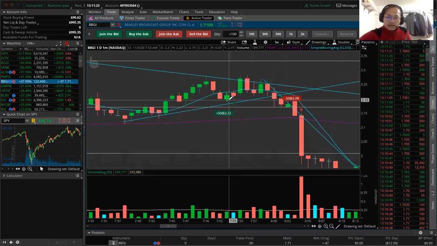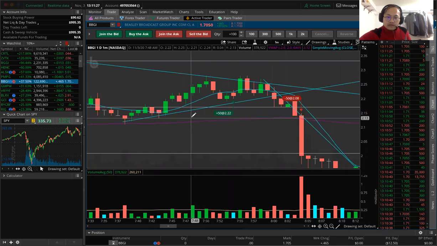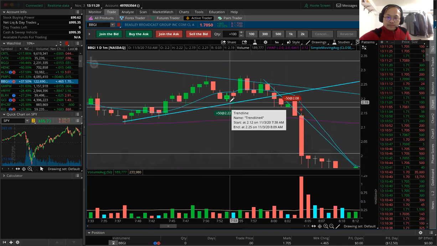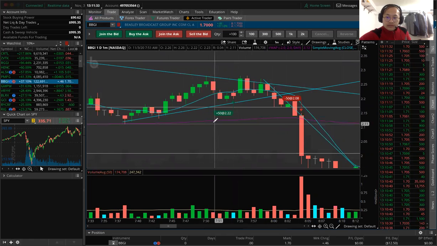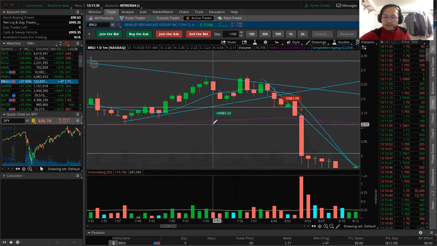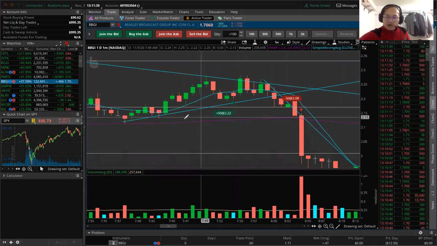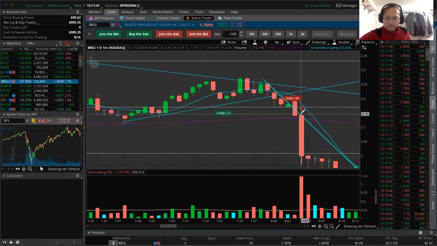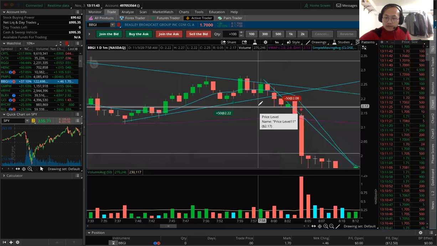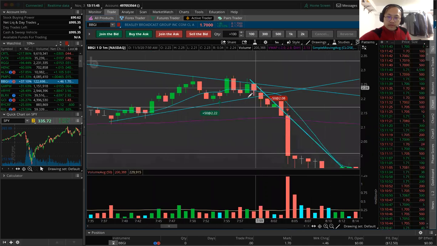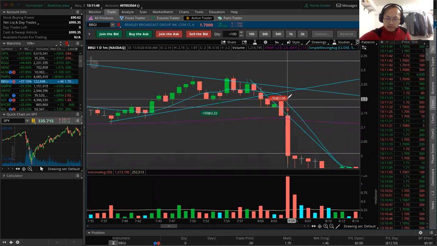I enter here thinking, so when I entered at 22, my risk was like 210. That was my risk down here, the VWAP part. What I could have done is get out when the uptrend has broken.